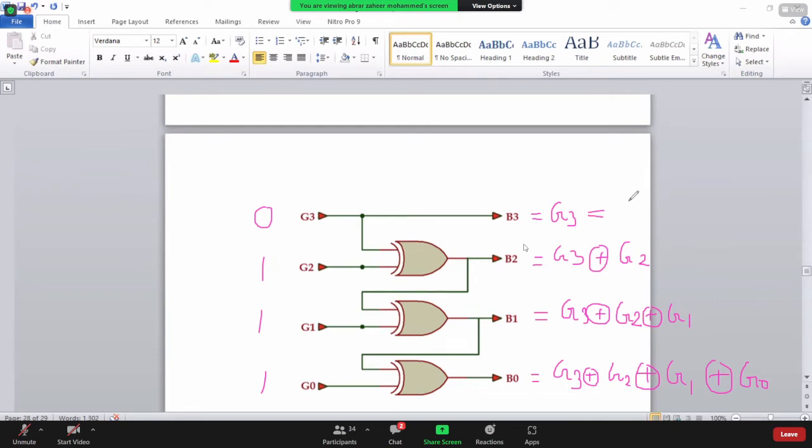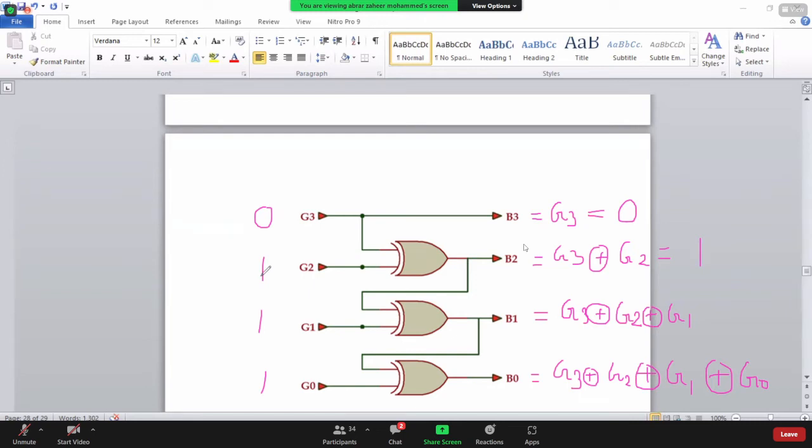So B3 is equal to G3, so this will be equal to 0. G3 XOR G2, 0 XOR 1, so this will be equal to 1. Then G3 XOR G2 XOR G1.